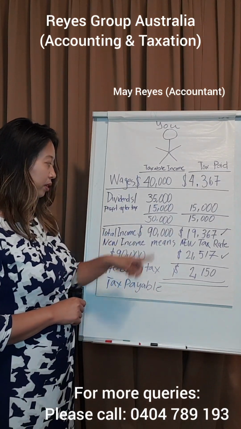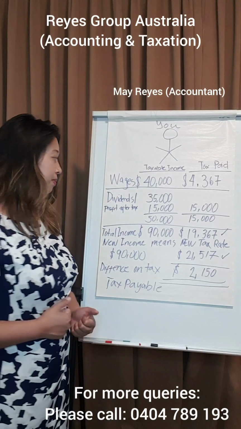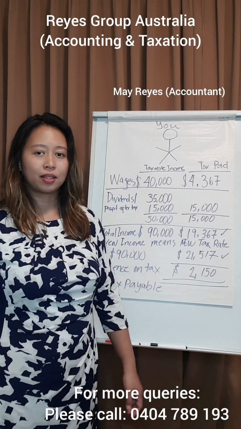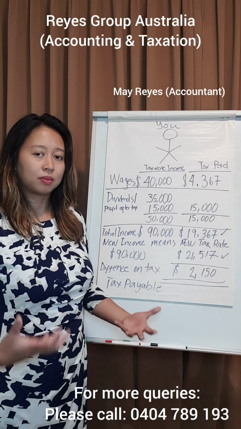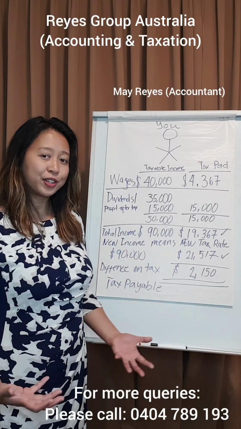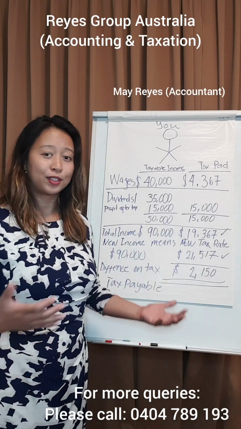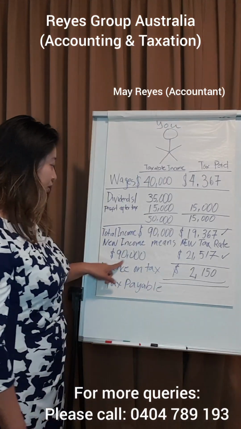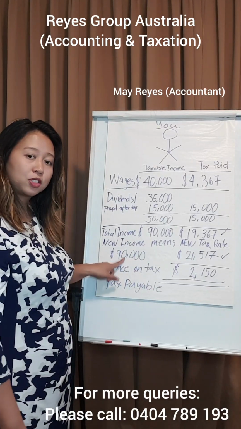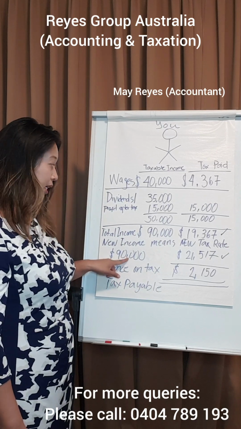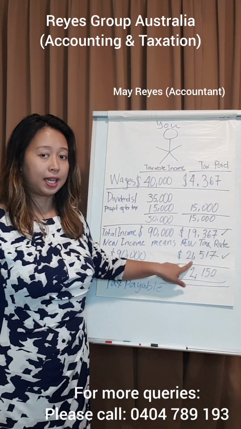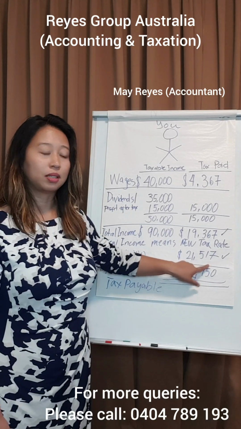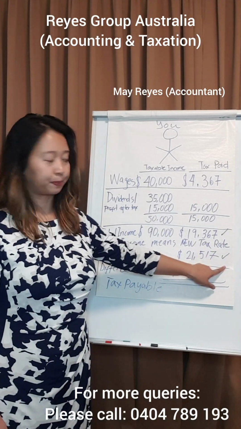So the new income means a new tax rate. We all know this is a progressive income tax, so the higher your income, the higher your tax. If we compute, because your new income is 90,000, you are now subject to a tax of 21,517.